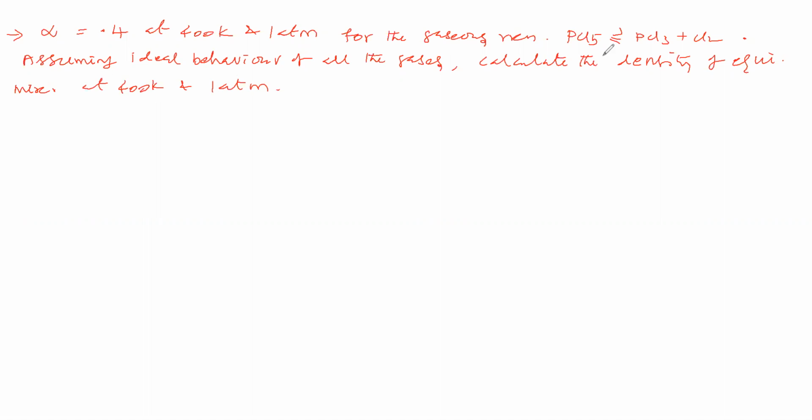Okay. Here, the given equation is PCl5 gives PCl3 plus Cl2. What is given is the degree of dissociation, alpha, which is 0.4. How much we have taken initially, we do not know.